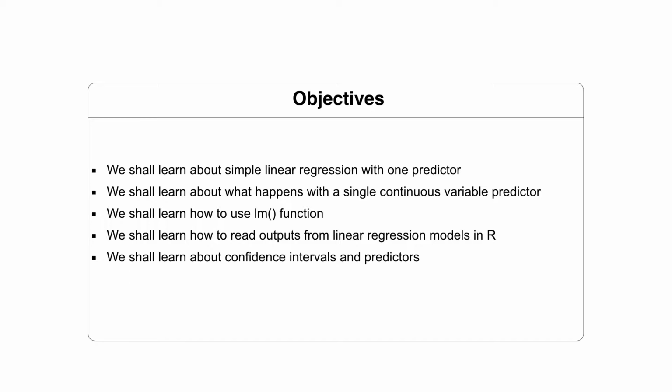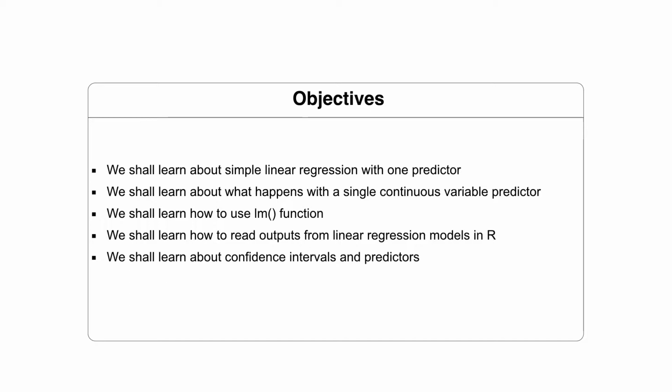In particular, in this module and in the next few modules, we will learn how we can use the LM function. The LM function is present in the stats package, in a very standard R package. It's a very simple function to use. And if you are ever stuck in using this function, remember to use the help files to learn more about this.